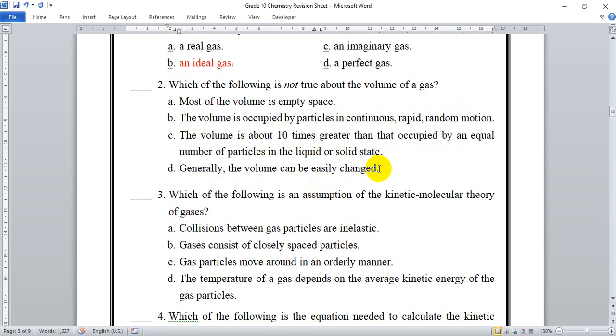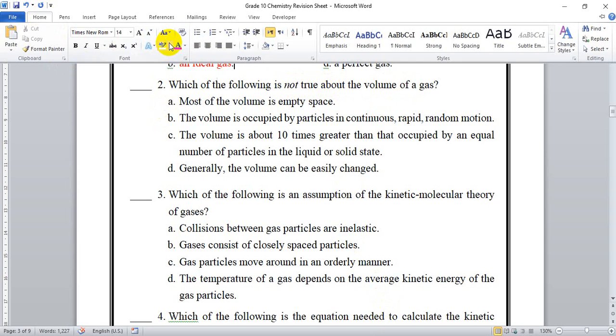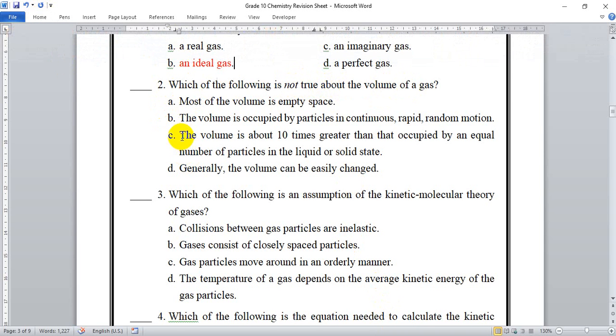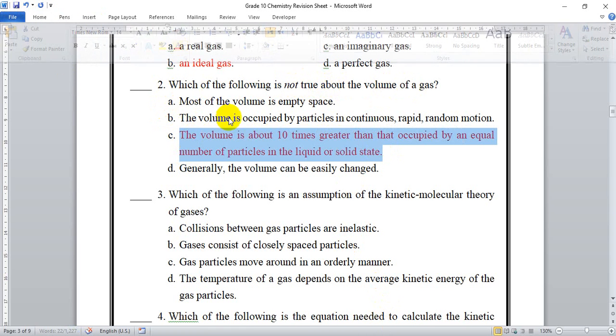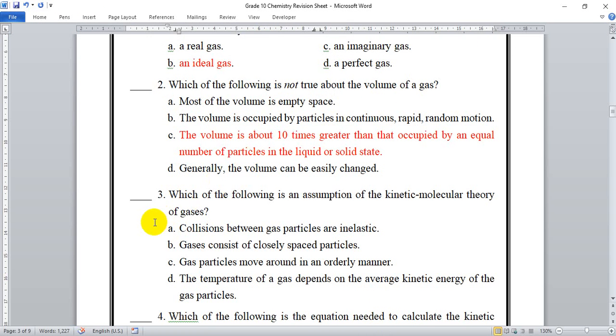Which choice is correct? It's not true about the volume of a gas. So, the volume is about 10 times greater than that occupied by the solid or liquid state.